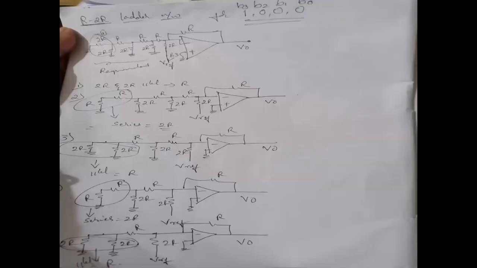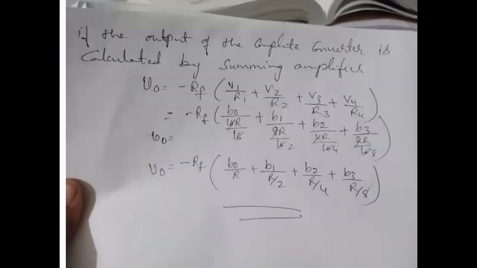Similarly, when B0 is high, you will obtain the output voltage, which is V reference by 16 into minus RF by R into B0. Okay, so now when you consider all your inputs with the help of a summing amplifier, you know the summing amplifier already.